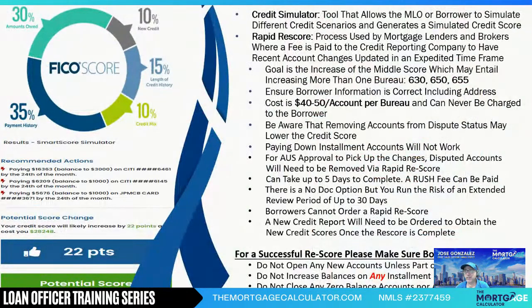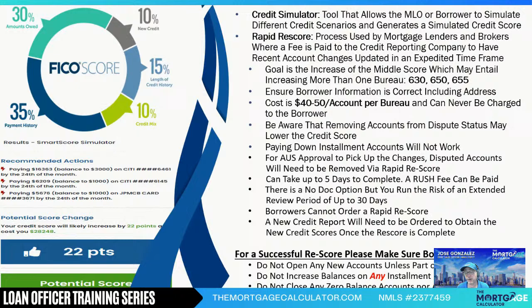So as you can see from the chart on the FICO score components, 35% of the FICO score, or credit score, let's call it that, is from the payment history. 30% is from the balances, referred to there as amounts owed. 15% is on the length of the credit history, right?